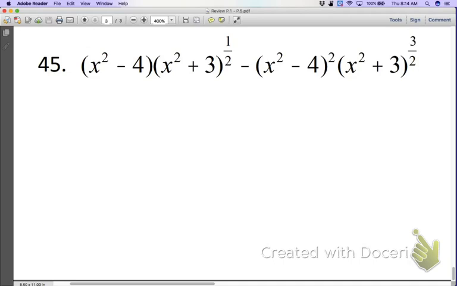What does each of the parts have? X squared minus 4, right? So let's worry about this part first and just factor out an x squared minus 4. And we'll get to that in just a second.